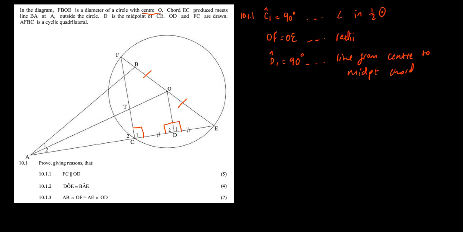Since guys, check something. If C1 and D1 is 90 degrees, what can you tell me about line FC and OD? That's true there.